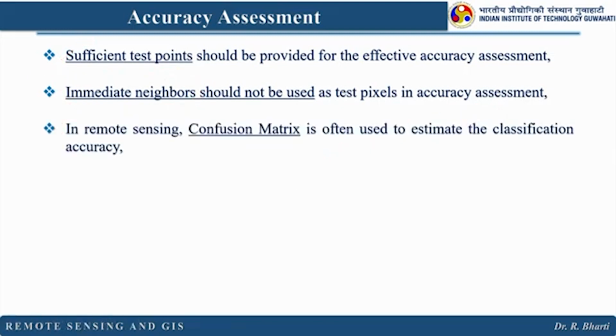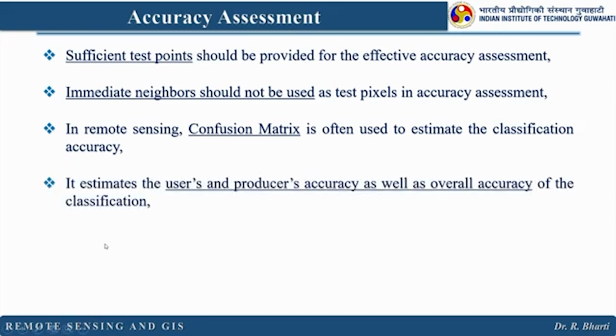In remote sensing, the confusion matrix is often used to estimate the classification accuracy. It estimates the user's and producer's accuracy as well as the overall accuracy of the classification. So here you have these two terms, user's accuracy and producer's accuracy.